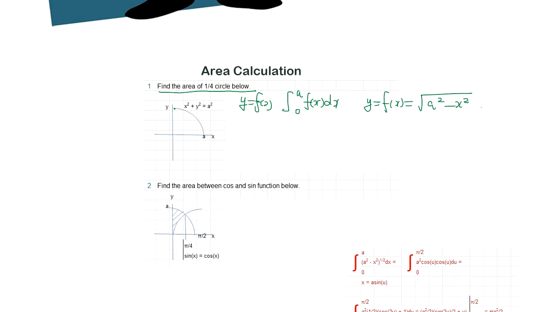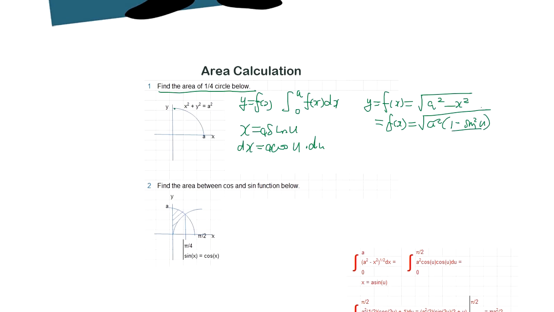Now we assign x is a sine u, so dx becomes a cos u du, right? So if we put the a in front, it's still unchanged. Then in this case, f(x) becomes the square root of a squared times 1 minus sine squared u.